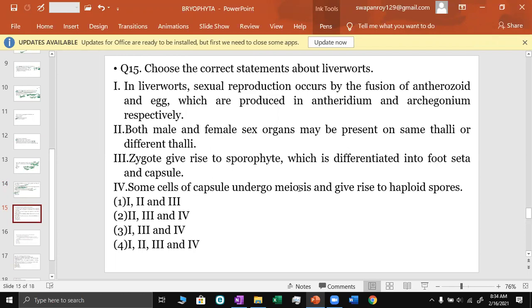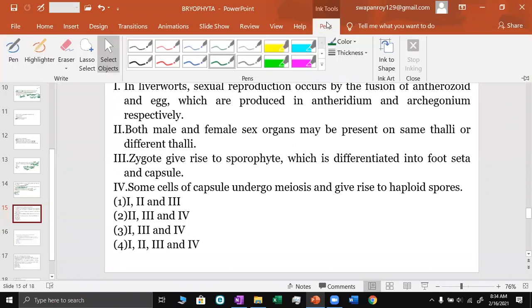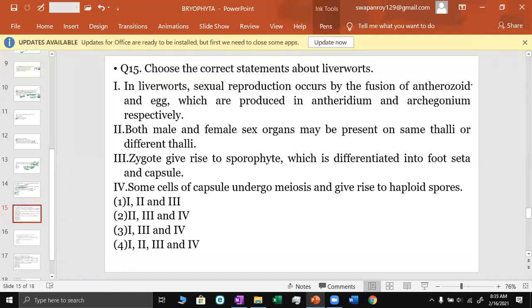Some cells of the capsule undergo meiosis to give rise to haploid spores. Which one is correct? Option 4. Yes, all four statements are true about bryophytes. So this is the correct answer.